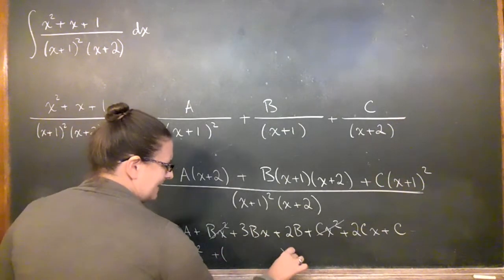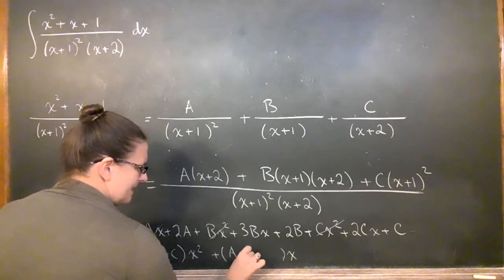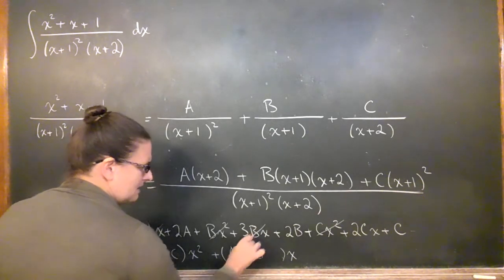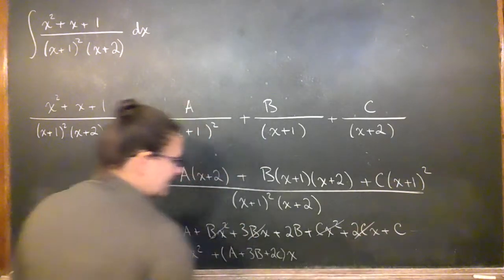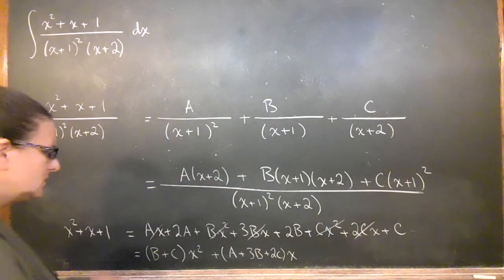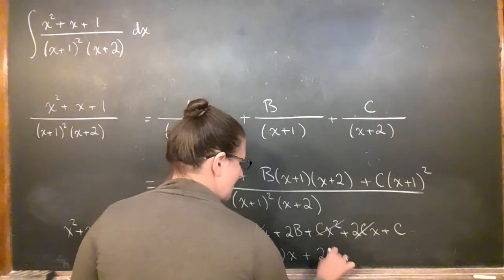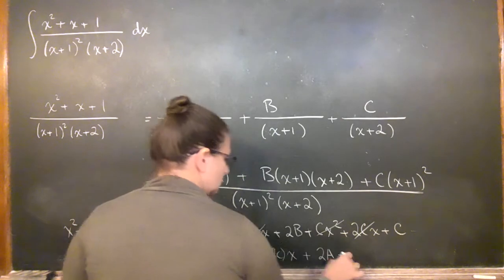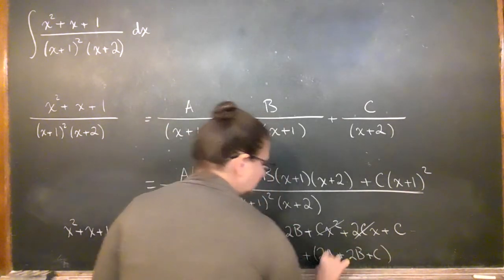So for my x terms, I have ax, I have 3bx, and then I have 2cx. And then for my constant terms, I have 2a plus 2b plus c.